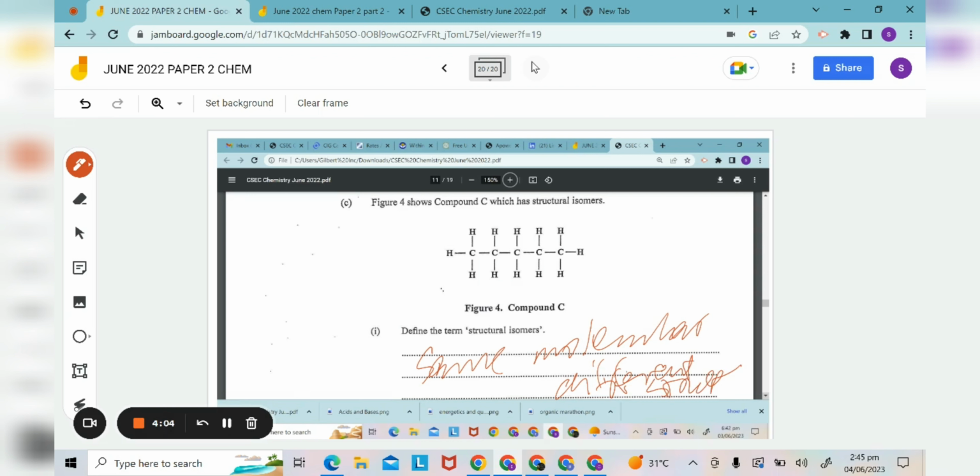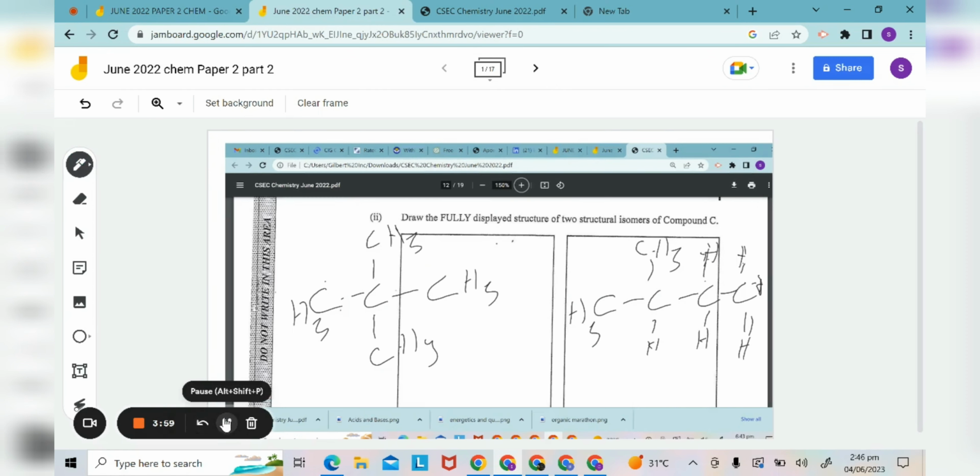All right. So let's see. Next question now. It says draw the fully displayed structure of two isomers of compound C. Now, when they say fully displayed structure, you must, and I didn't do it here, but I'm just going to show you for one part. You must draw out all the carbons connected to each other and all the hydrogens connected to each other.